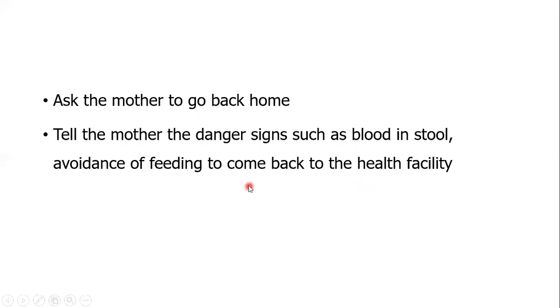If the child is refusing to eat, like I mentioned earlier, we tend to supply the body with fluids through the food and the drinks that we take in. So if the child is refusing to take in food, they're not replacing the fluid that is being lost. So you need to come back to the health facility because this is a danger sign.